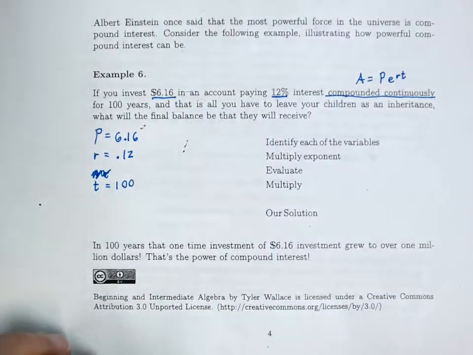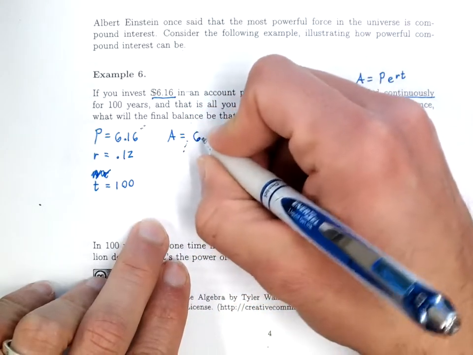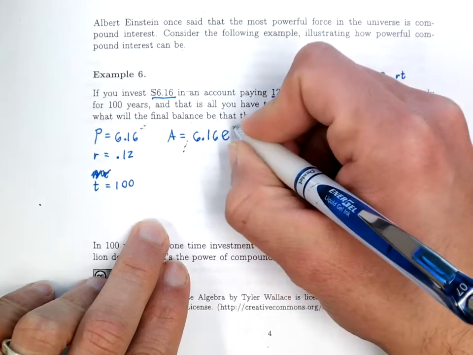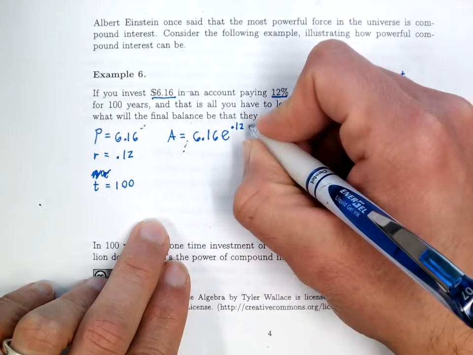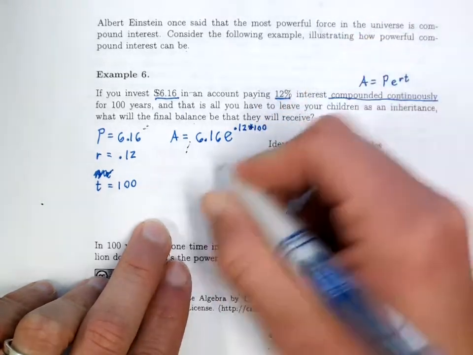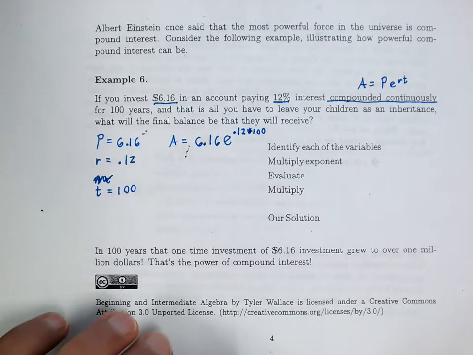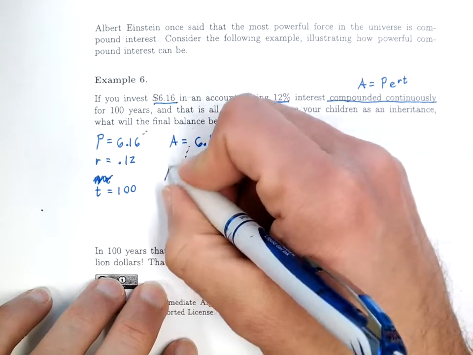But anyway, all we're going to have to do is plug all this in. So we have A is equal to 6.16 e to the power of 0.12 times 100. Or you can just write this as e to the 12. It doesn't matter if you want to do some of the arithmetic, but at some point you're going to have to use the calculator.